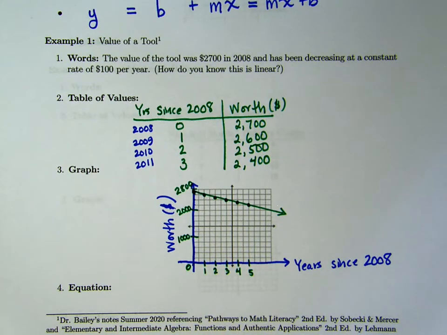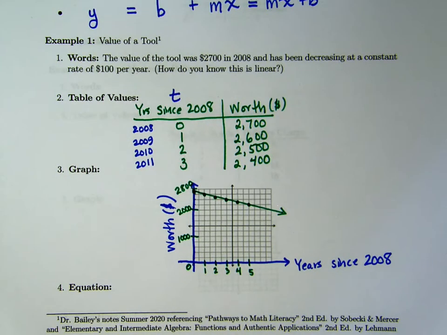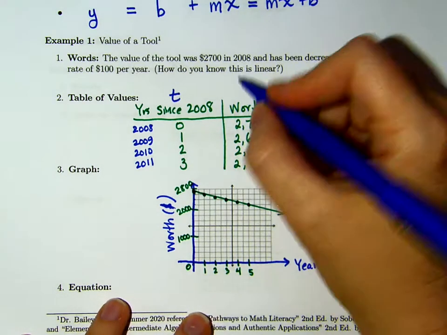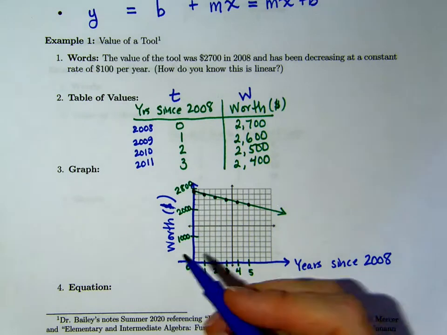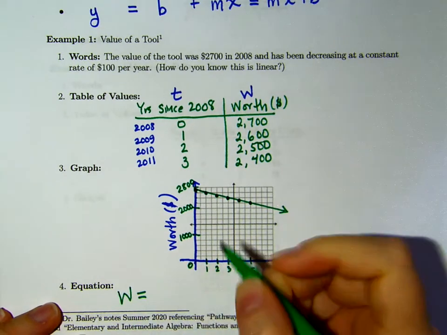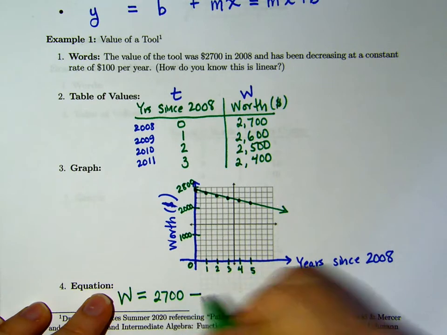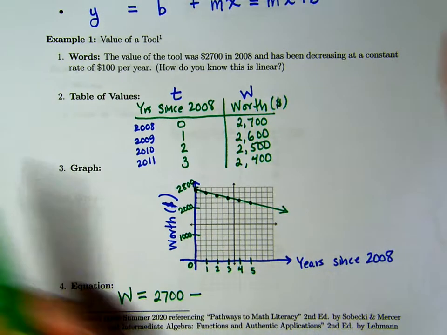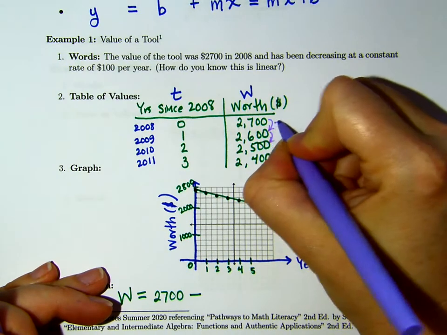I'm going to call this T for time in years, and I'm going to call this W for worth. In this situation, the worth of the tool begins at $2,700, but then depreciates by, okay, what is our constant rate?